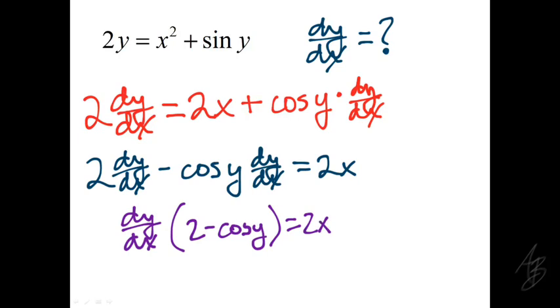We can now divide by 2 minus the cosine of y to get dy/dx by itself, and we get 2x over 2 minus the cosine of y.